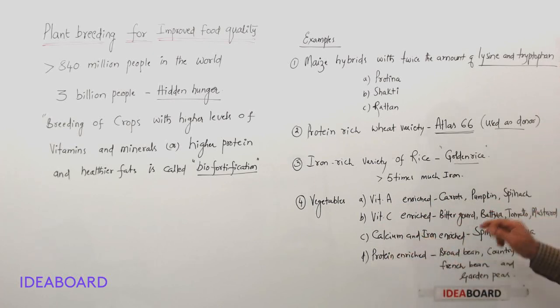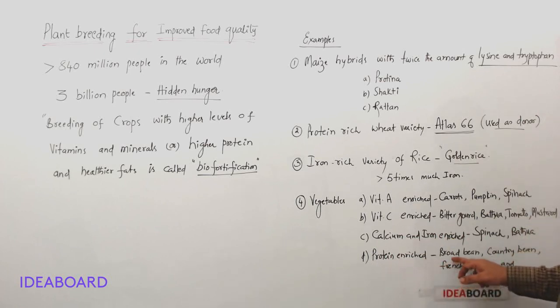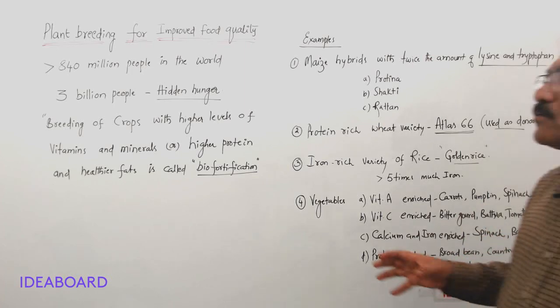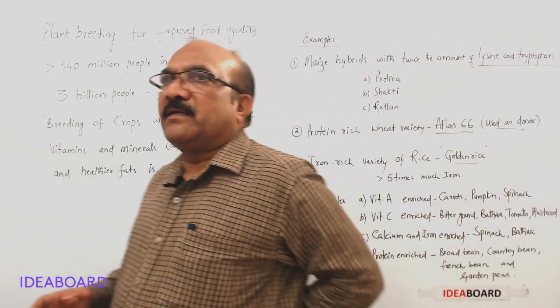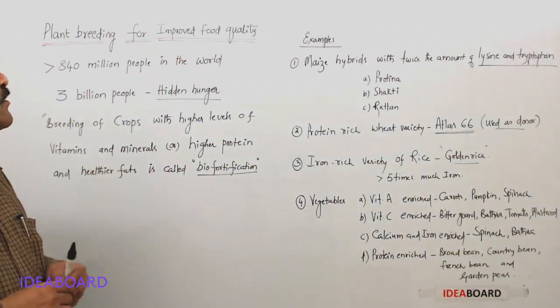Calcium and iron enriched spinach and bathua, and protein enriched broad bean, country bean, that is lab lab bean or Dolichos lablab, French bean, and garden peas, that is Pisum sativum. They are also released into the market, and all these are there in the market, and we are enjoying them today. So that is about plant breeding for improved food quality.